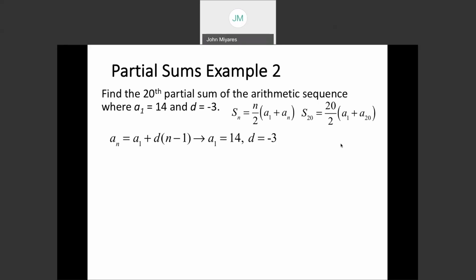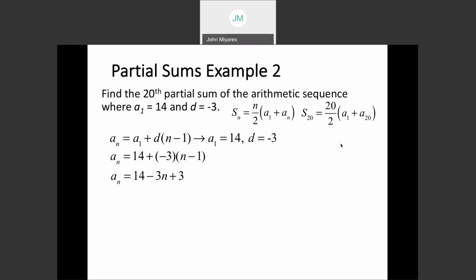Let's start with the formula for an arithmetic sequence. A sub n equals a sub 1 plus d times the quantity n minus 1. We're given a sub 1 equals 14 and d equals -3. So subbing that in gives 14 plus -3 times the quantity n minus 1.